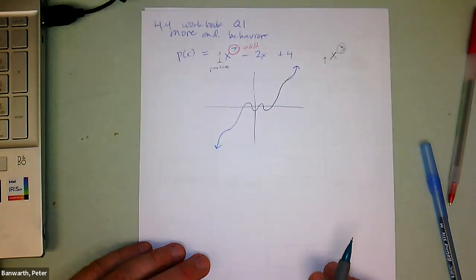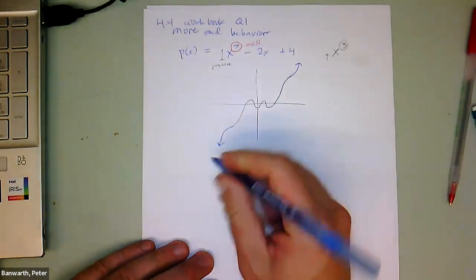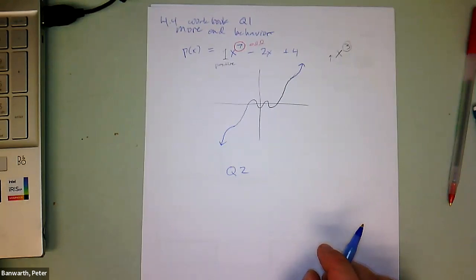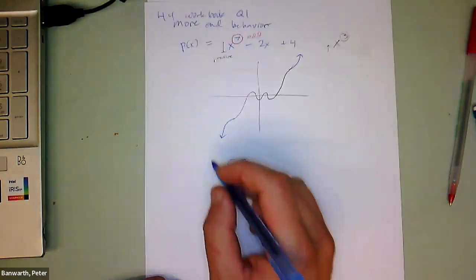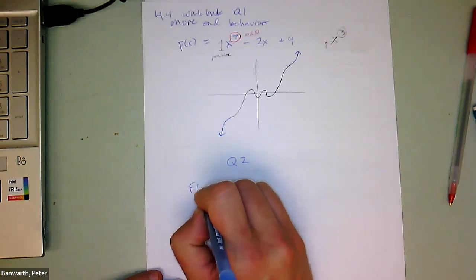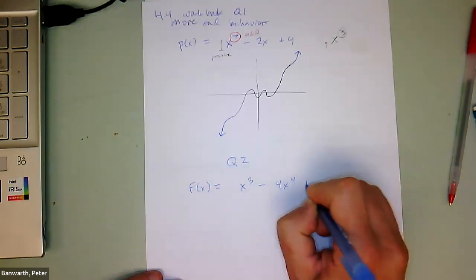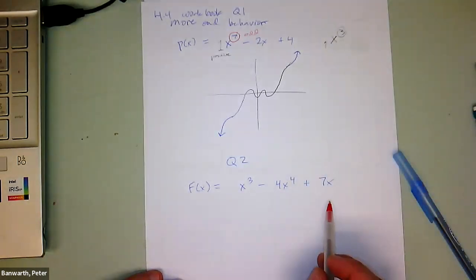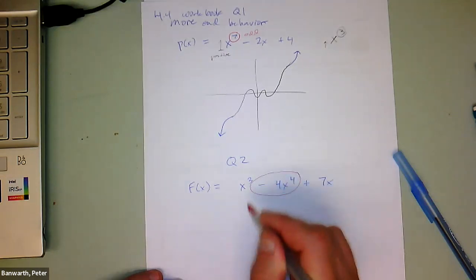That basically takes us through question 1 and question 2. Question 2 is more of the same, maybe with some different comparisons, but it's all just looking at leading terms. I will point out, just to remind you, if I have a function that looks like this, and I ask you what the end behavior is like, don't just look at the first term, you have to look at the leading term.